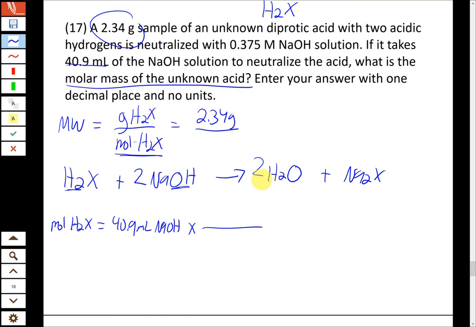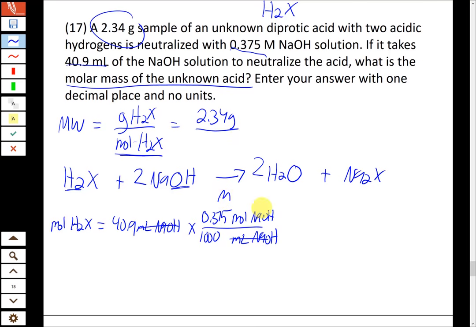So molarity is moles per liter or moles per 1,000 milliliters. So we want milliliters to cancel out, so that's going to go on the bottom. And the molarity is 0.375, so that tells us that we have 0.375 moles of sodium hydroxide per 1 liter, or more simply put for this problem, 1,000 milliliters allows us to do it in one step. All right, so that's the molarity of NaOH.